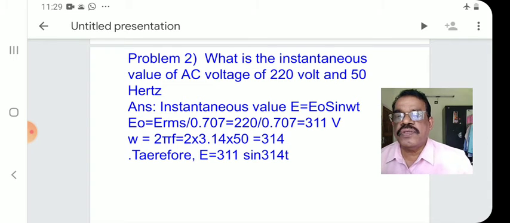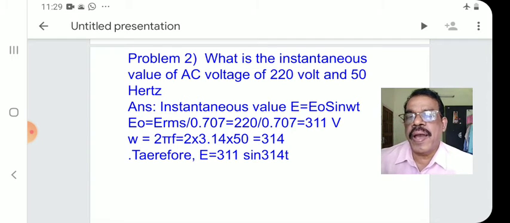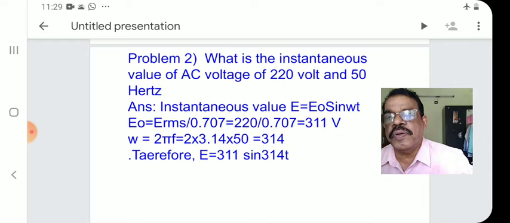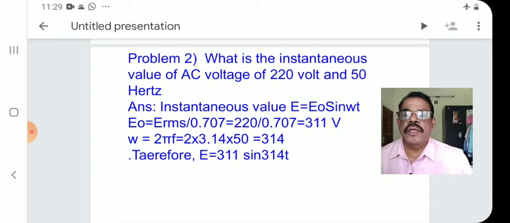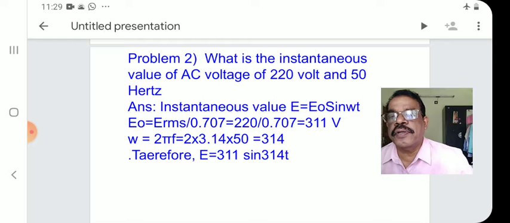Omega is always calculated as 2 pi f, that is 2 into 3.14 into 50, which is 314. In most of the problems, the frequency is 50. Therefore omega is 314, and the equation E = E0 sin omega t becomes E = 311 sin 314t.